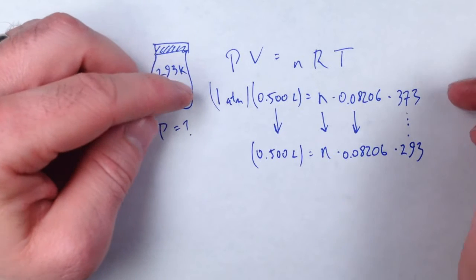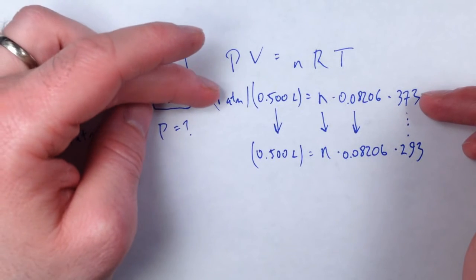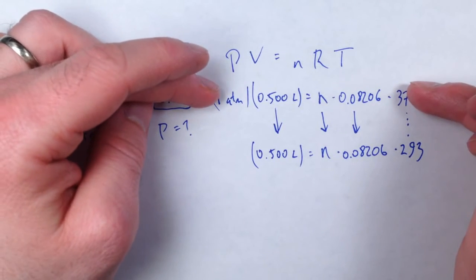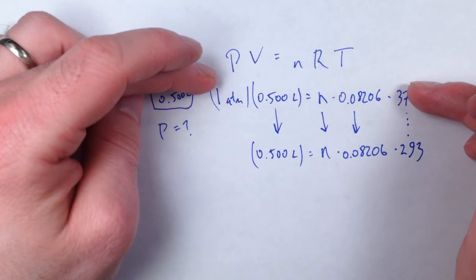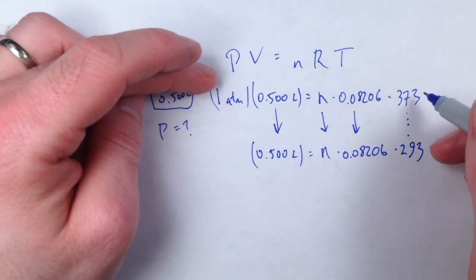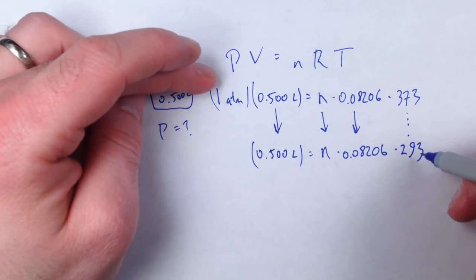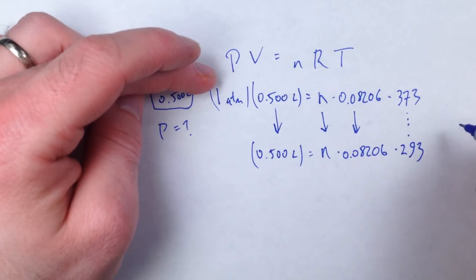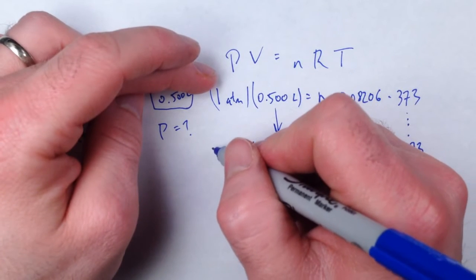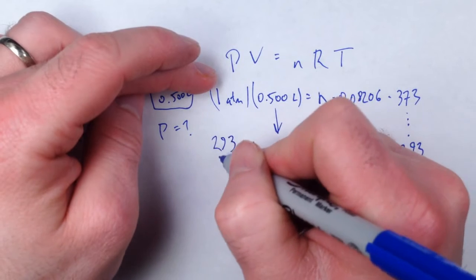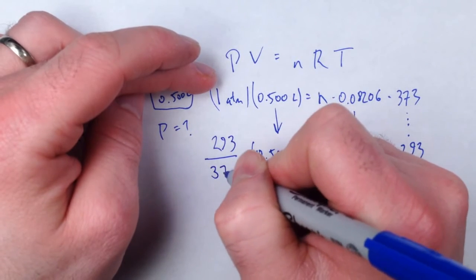Think about this like algebra: whatever you do to the right side, you must also do to the left side. In order to get from 373 to 293, what you can do is multiply by the fraction 293 over 373.